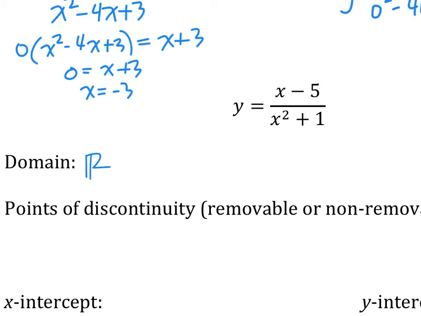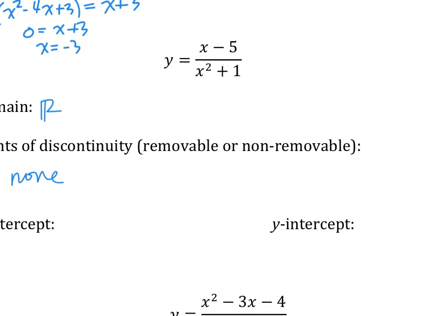Because it's impossible to make x squared negative 1, unless it's imaginary, which is not going to be on my graph. So then this is going to be all real numbers. Points of discontinuity. Where are the points of discontinuity? None. If your domain is everything, then you shouldn't have a discontinuity.